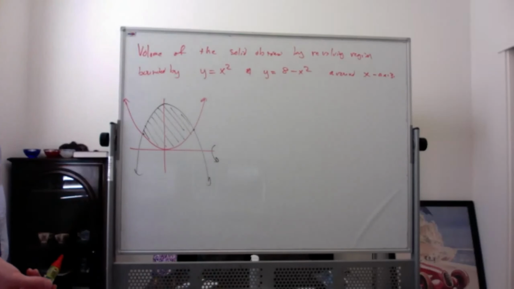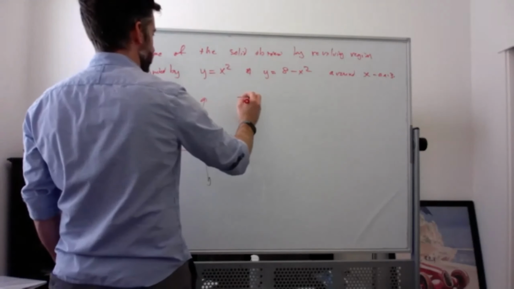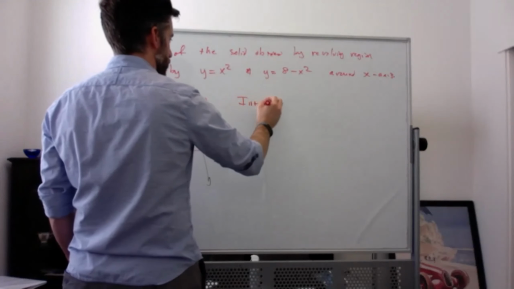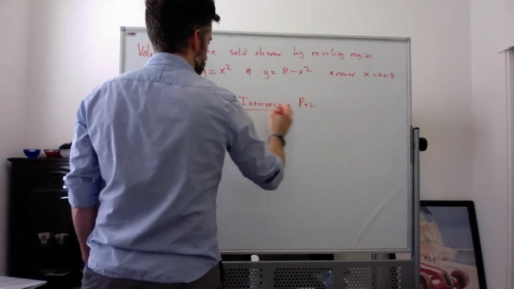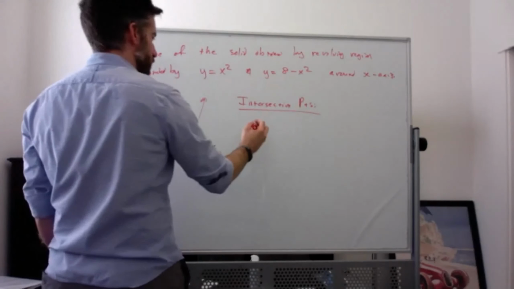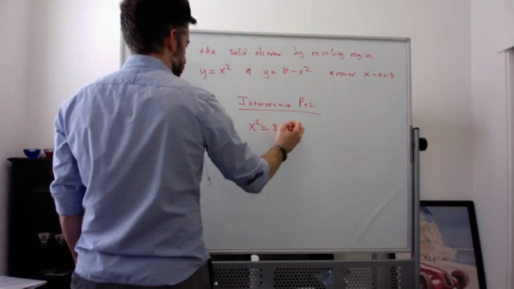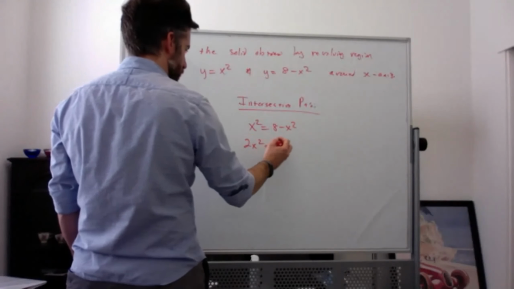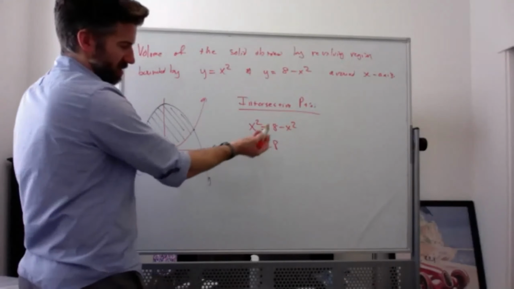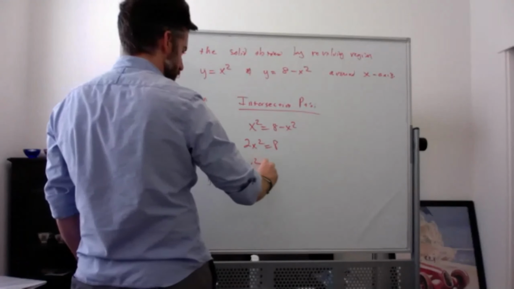So I need to do a couple things. I need to find where they intersect, so I'll have limits of integration. So points of intersection. Set these two functions equal to each other. Add x squared. And usually subtract 8, but in this case we can just divide by 2.